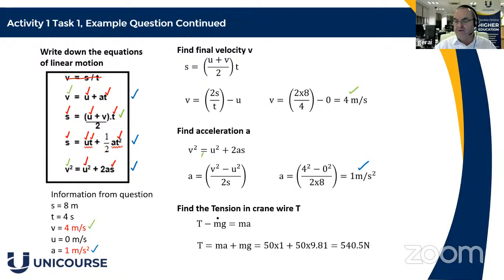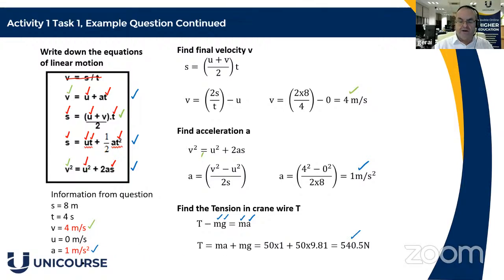We now have m, we have g, and now we've got the acceleration. So rearranging that equation, we can get the tension is equal to mass times acceleration plus this time mg. So if we put the numbers in, we find that the tension in the wire has to be 540.5 newtons.